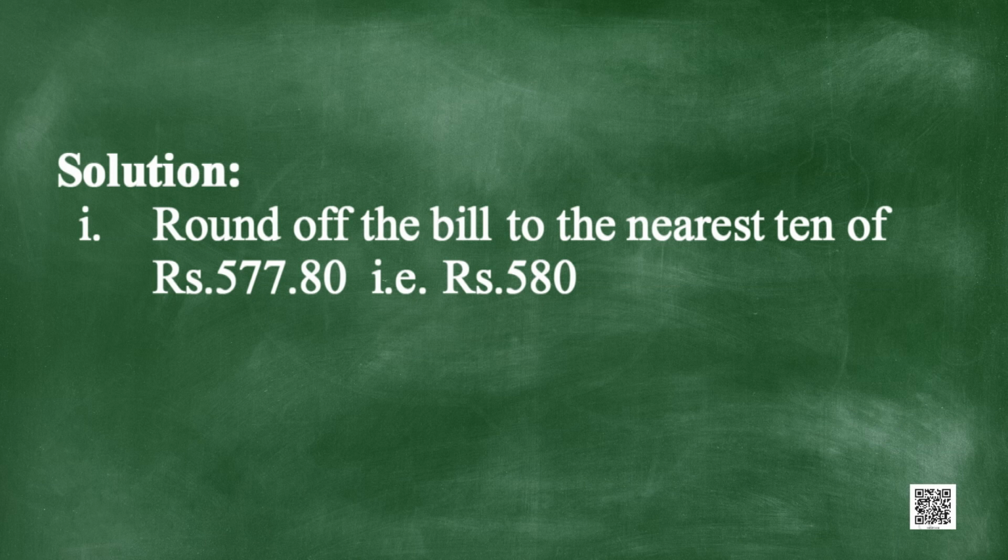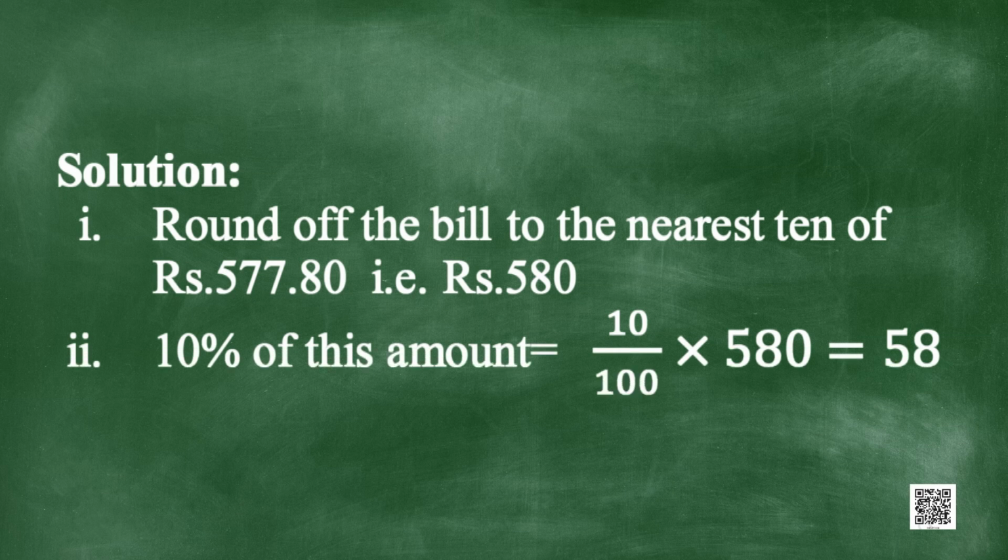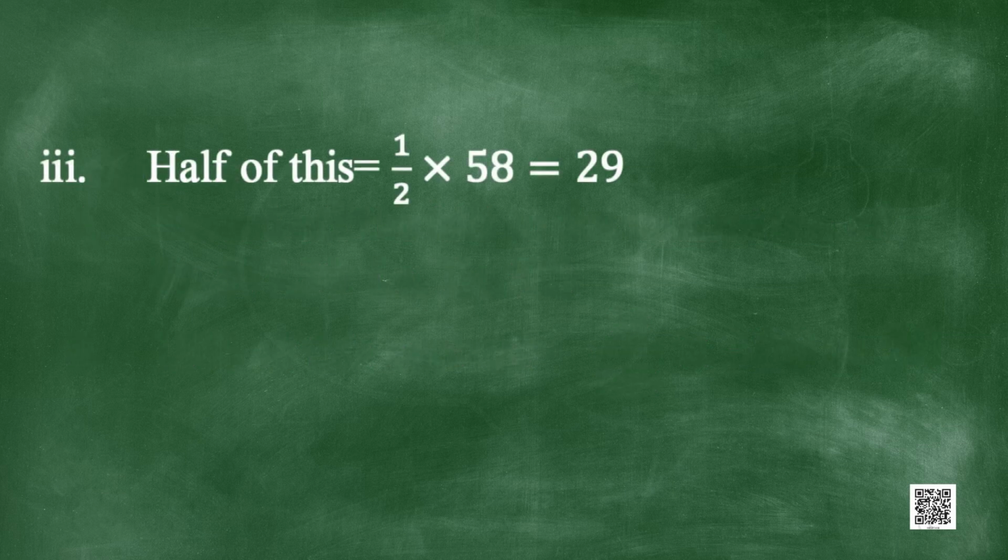Now, let us find 10% of this amount, that is 10 by 100 of 580, that is equal to 58. For 15%, we need to have 5% more, which is half of rupees 58, that is equal to 29.